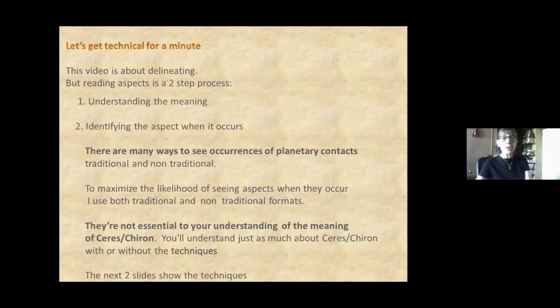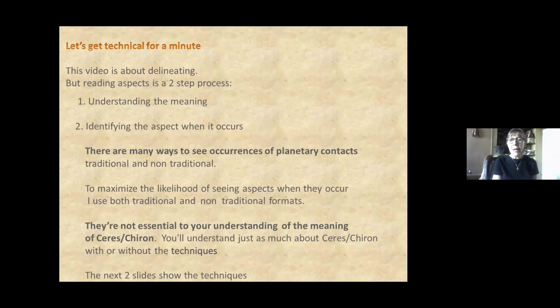Before we get to more delineation, let's get technical for just a minute. This video is about delineating, but reading aspects is a two-step process. We need to understand the meaning, and we need to be able to identify the aspect when it occurs.